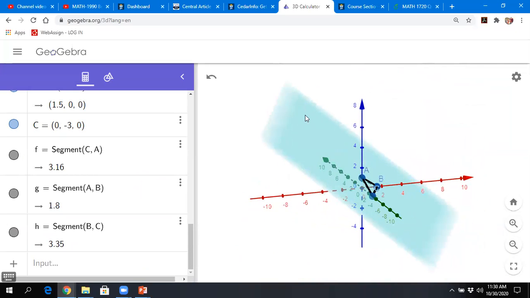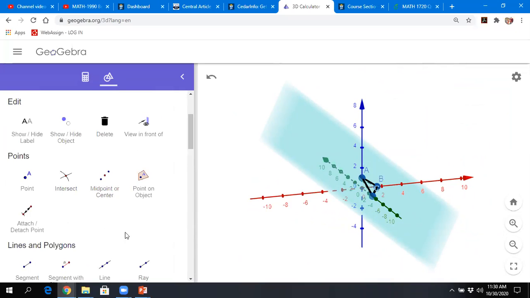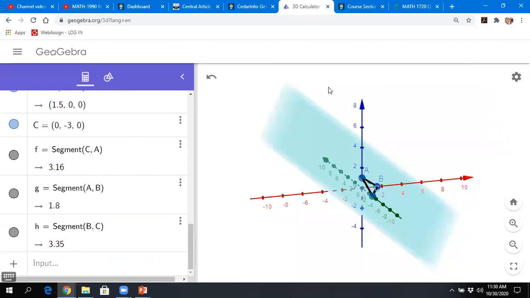I think that's pretty cool. You can do that by flipping over from calculator mode to this graphics mode over here. You can make lines and all sorts of neat things. That's one way we can visualize a plane in three-dimensional space: think about where it hits the coordinate axes. It's a helpful thing to do.